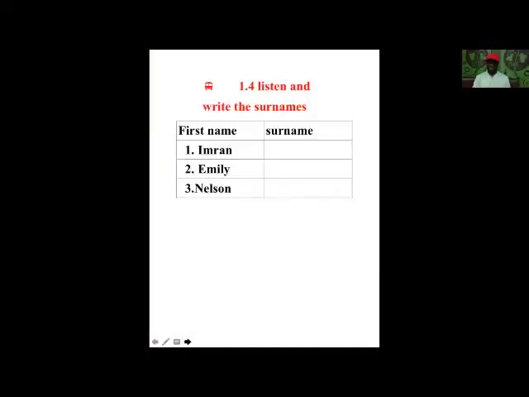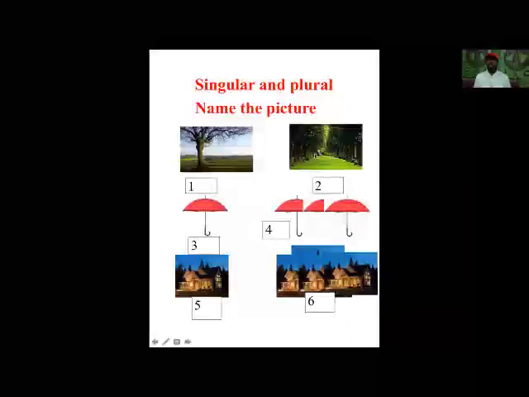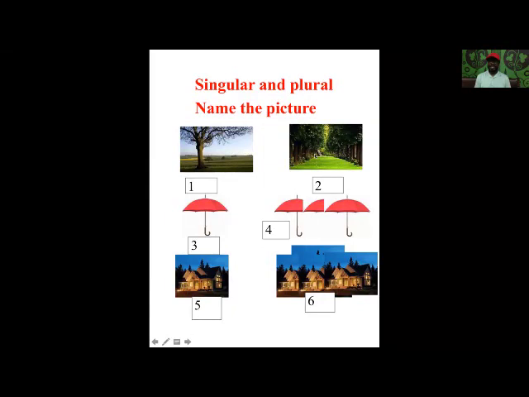Good. We continue. We have singular and plural. Singular means one, plural means many. Name the picture. Number 1, tree. But remember, I told you the tree is one. So you must put the article.